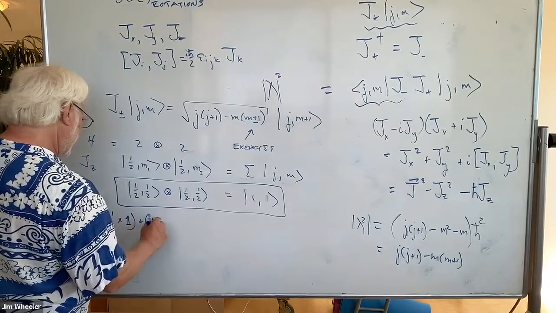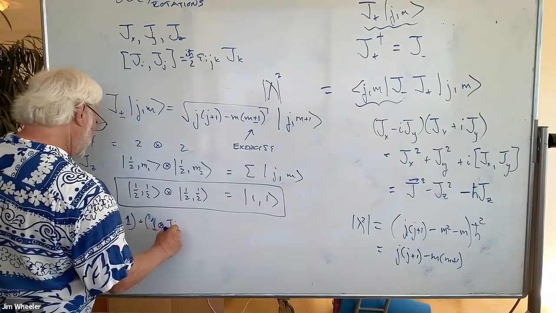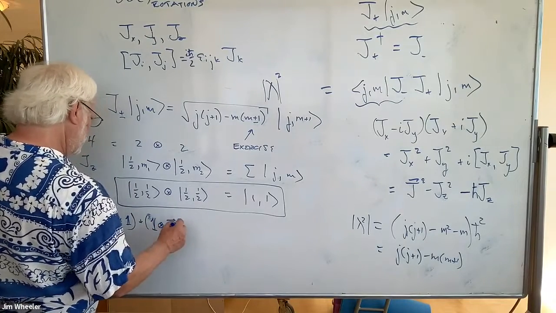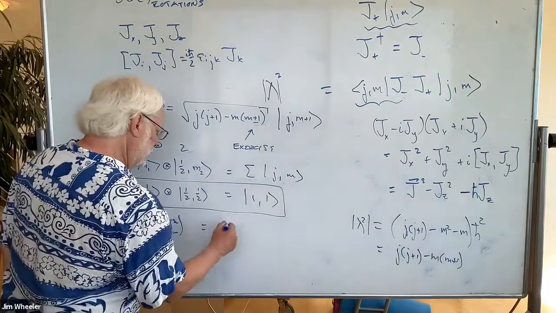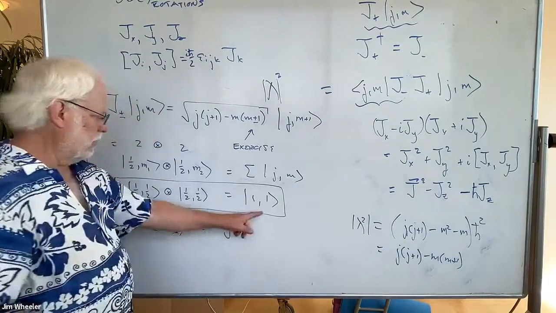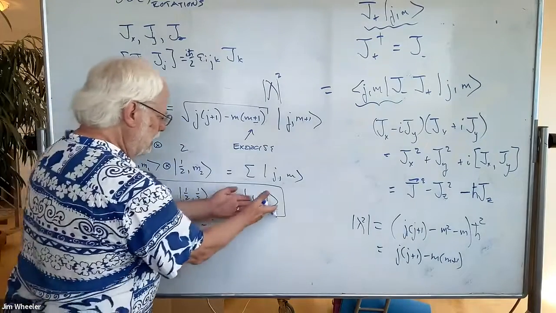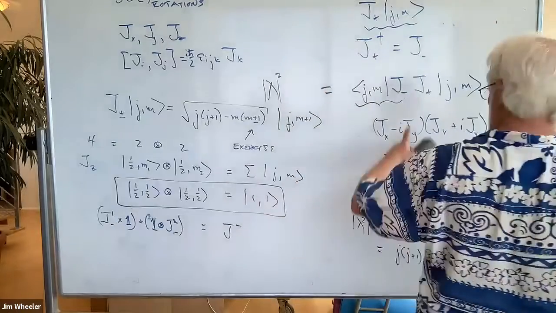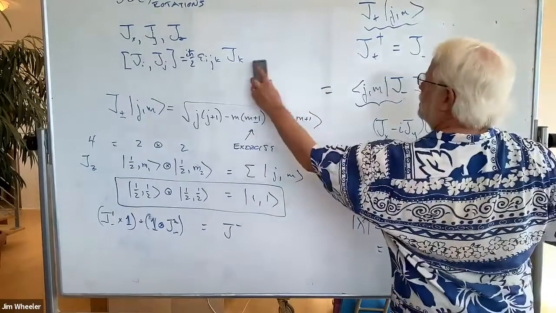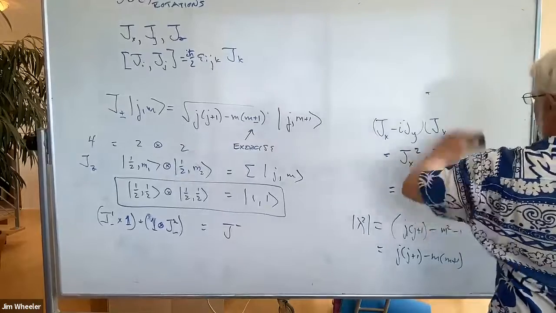This is how you act on a direct product. So this operator is the same as just J minus acting over here. I let J minus act on this, and we've found these coefficients, so we can carry that out precisely.